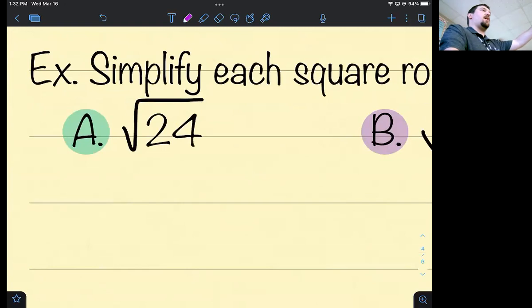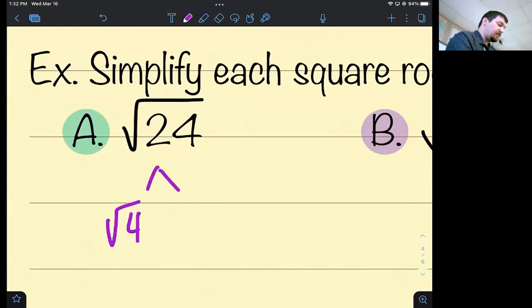Your perfect squares are 1, 4, 9, 16, 25. Yes, 4 goes in, right? Now, 1 is always going to go in. Is 1 going to change? No, it's not. So please don't use 1. So the square root of 4 goes in square root 6 times. Like a factor tree, except it's a perfect square root tree.